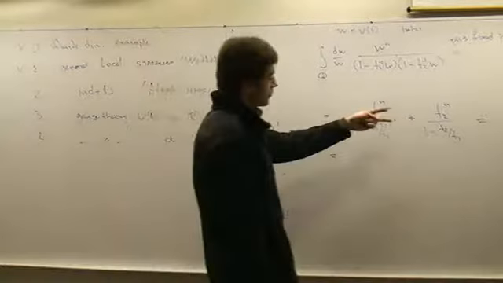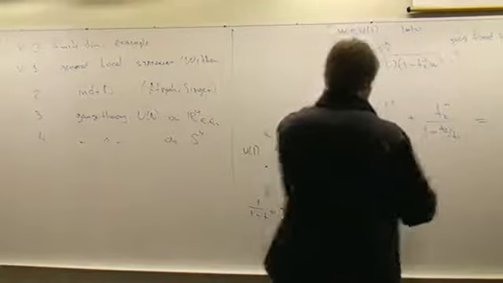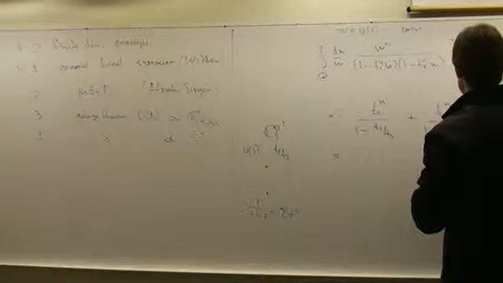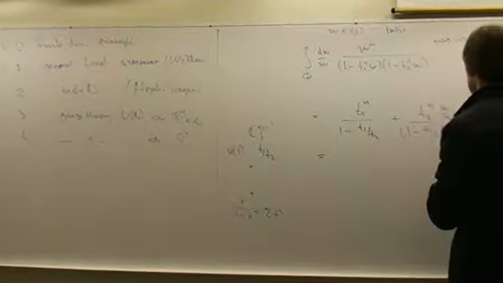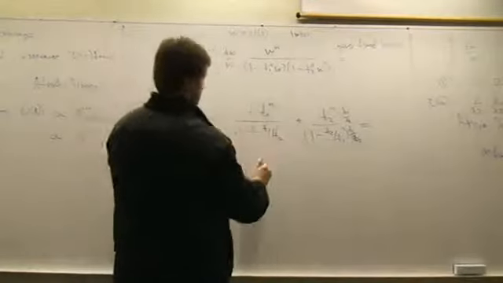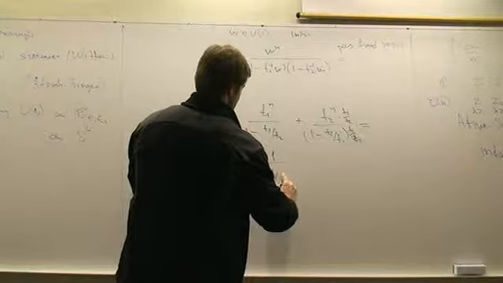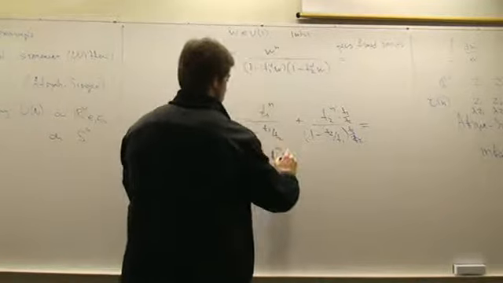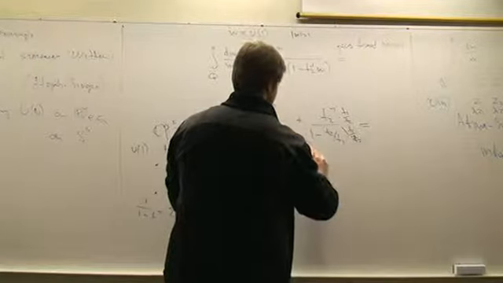Okay, come on. So what happens if you multiply that by t1 over t2? You get the same numerators here, but with a reverse sign. So what you get is 1 minus t1 over t2. Here it will be t1 to the n minus t2 to the n, times t1 over t2.